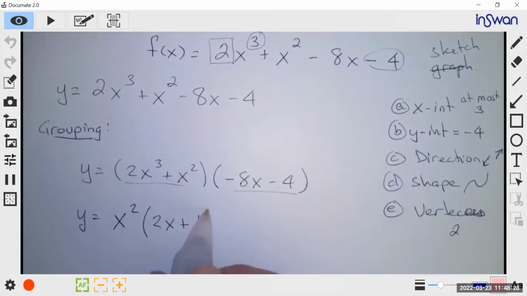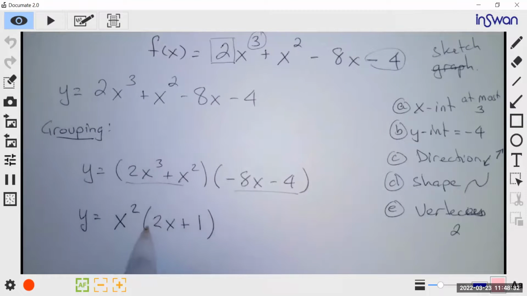And since that one's gone, I have a 1. Remember, whenever you factor something out, to figure out what remains, divide those by what you factored out. X cubed divided by x squared. The 2 x's are gone, so I only have 1 left. Both of these are gone, so it's a 1.